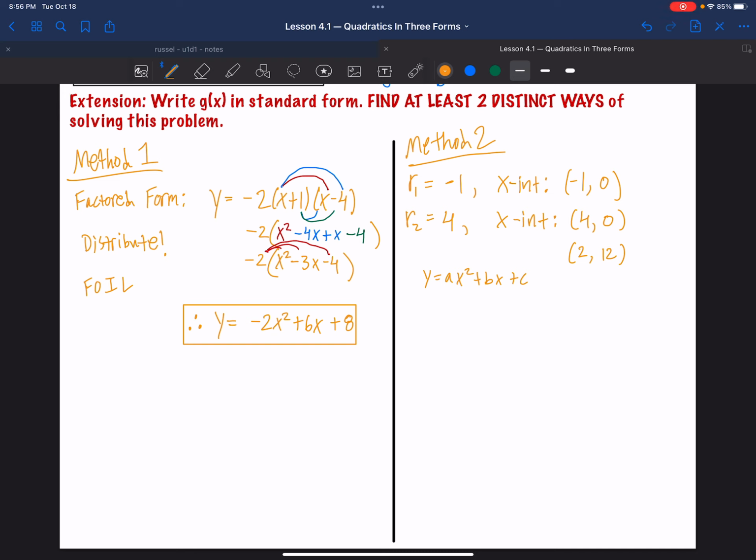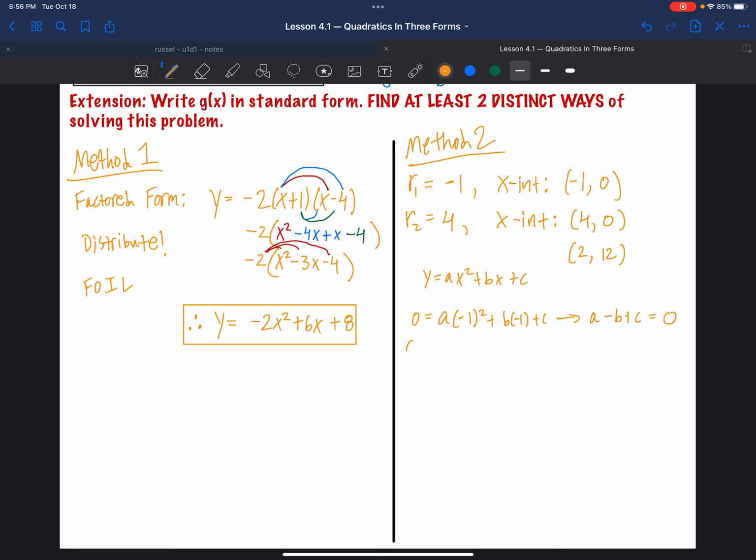So I'll do that real quick. I won't spend nearly as much time because we did it in example 1, but if you want to pause the video and check your work, here's what I'm doing. Let's use the first point. Y is 0. A times negative 1 squared plus B times negative 1 plus C, which is just A minus B plus C equals 0.